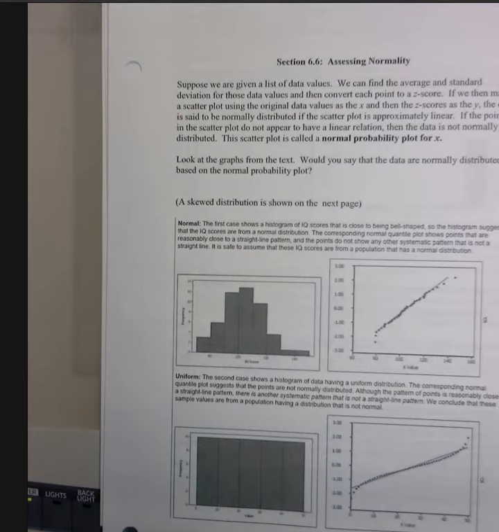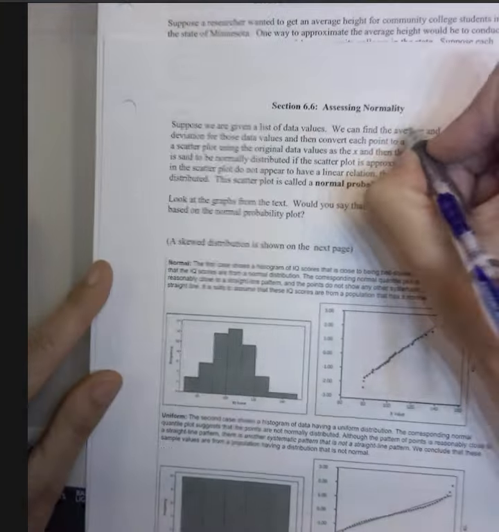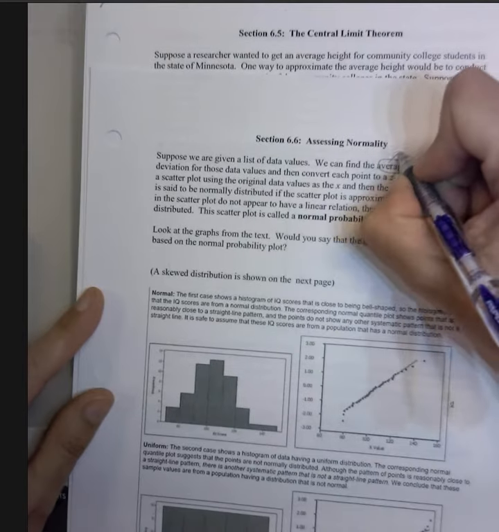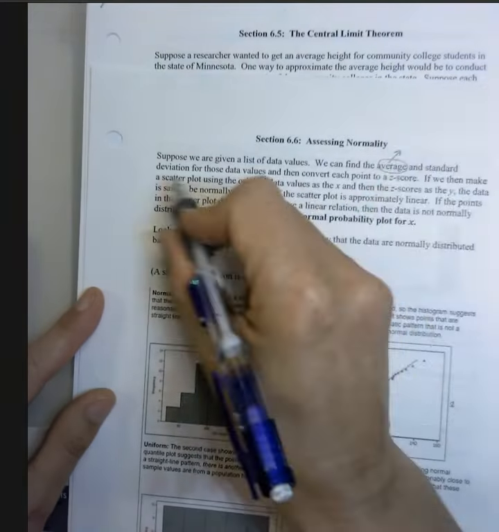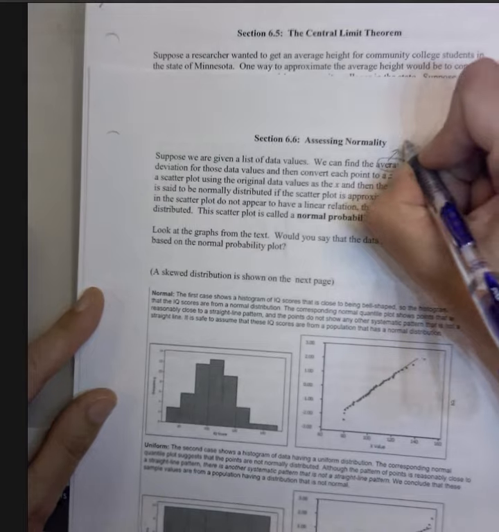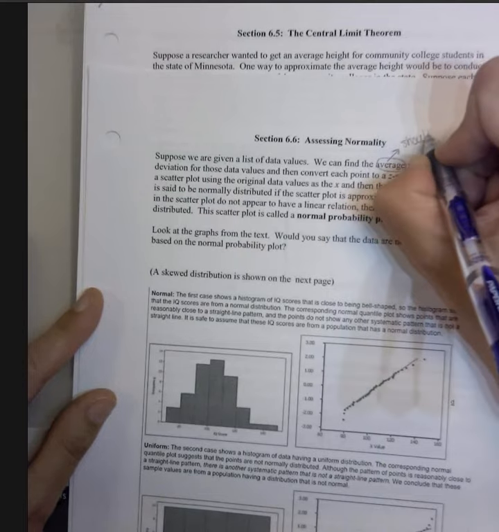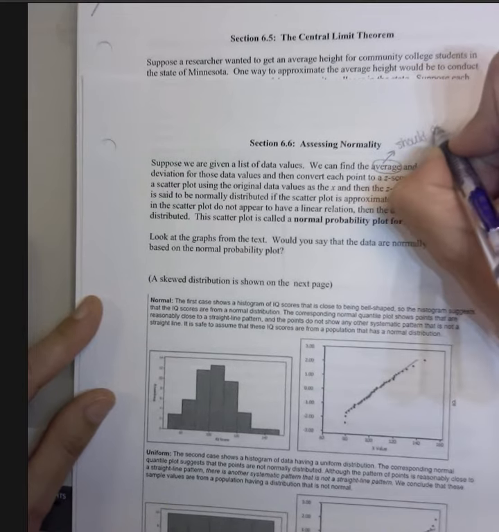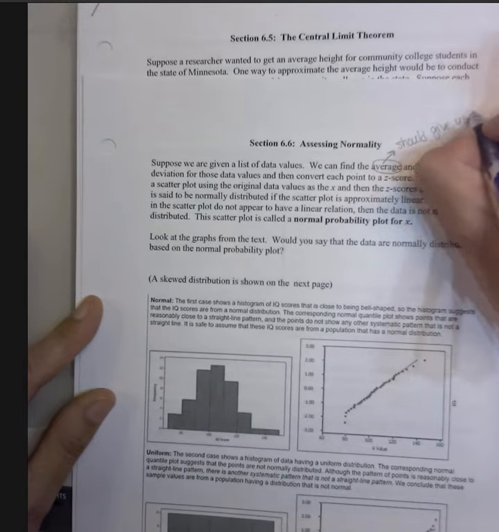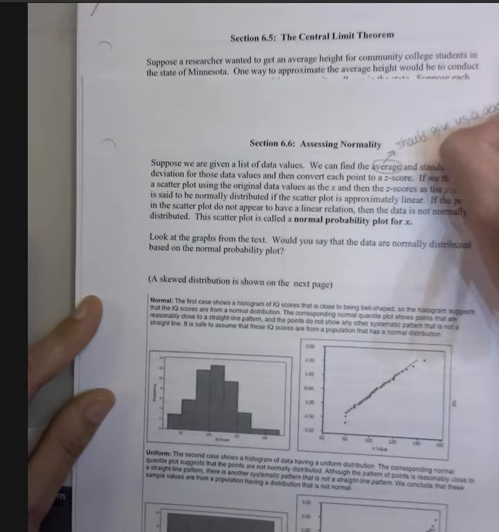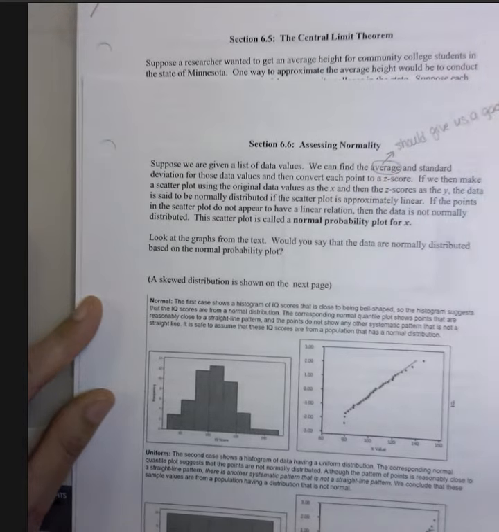Suppose we are given a list of data values. We can find the average and standard deviation for those data values. The average for our sample should give us a good idea of the true population average. That's what 6.4 told us, that the sample means target the true population mean.